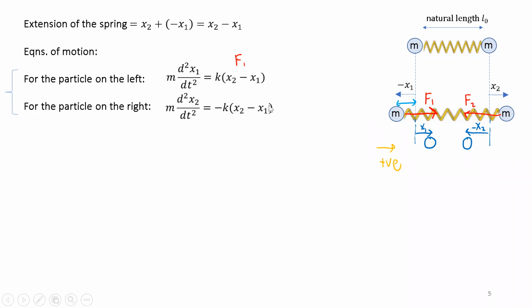In order to find out the oscillation frequency of the system, let me do one simplification: I assume the center of mass of the system is at rest. I assume that there is no external force.